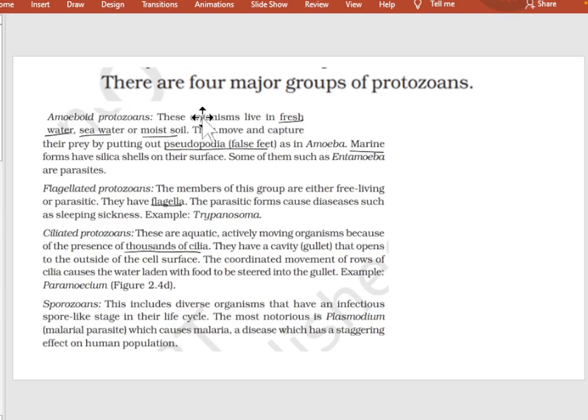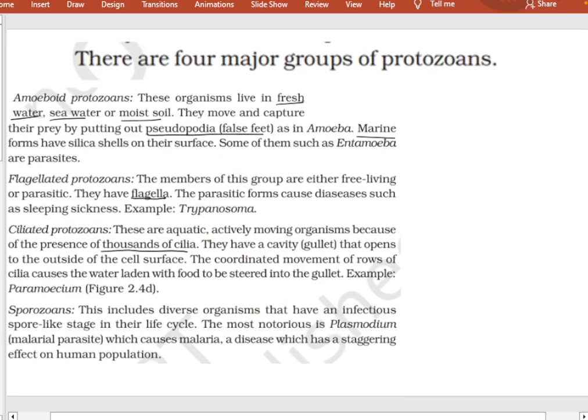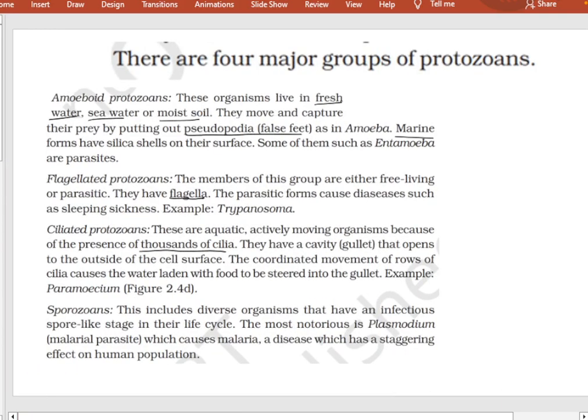Amoeboid protozoans, where can they live? First, fresh water, sea water and moist soil. Means everywhere, you can consider it like this.